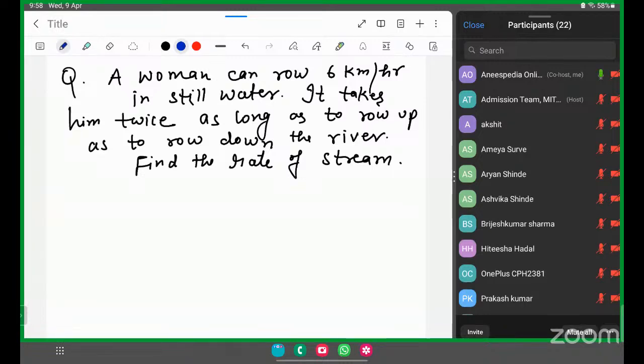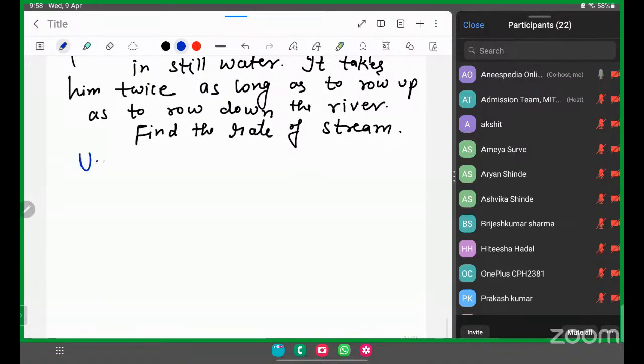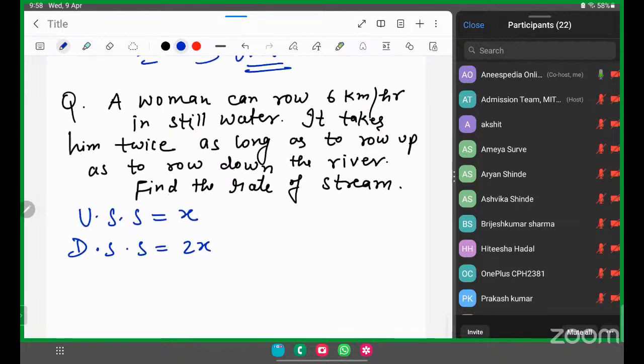Which means if you are taking upstream speed as x, his downstream speed will be 2x according to the condition, because it takes double time to come upstream as compared to downstream, which simply indicates that if we are covering the same distance in upstream and downstream, then speed has to be doubled in case of downstream. Are you getting it?